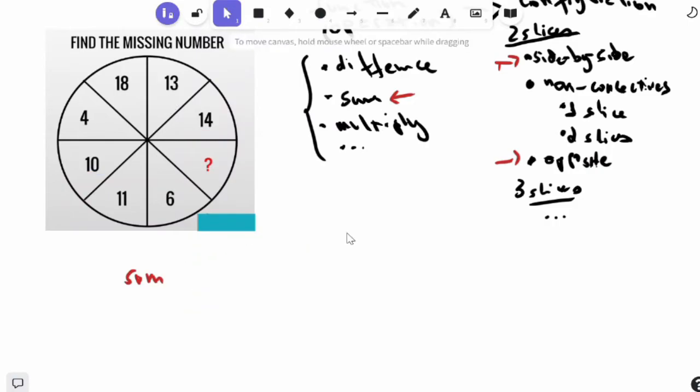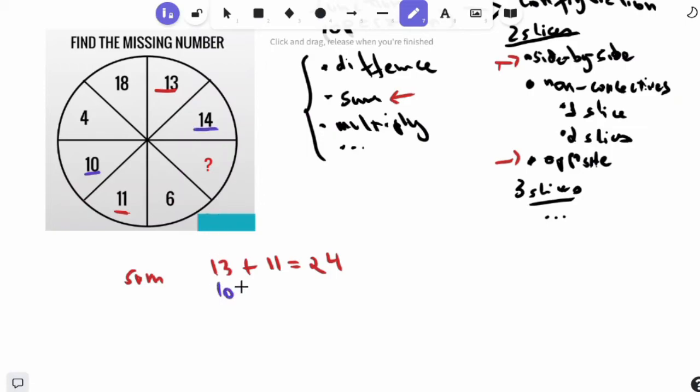So let's try the sum, but on the opposite sides. If we pick two opposite slices, we get 13 plus 11, so we get 24. And if we pick another two opposite slices, let's say 10 and 14, 10 plus 14, we get 24.